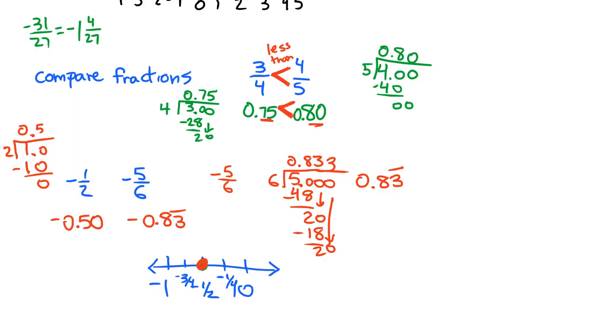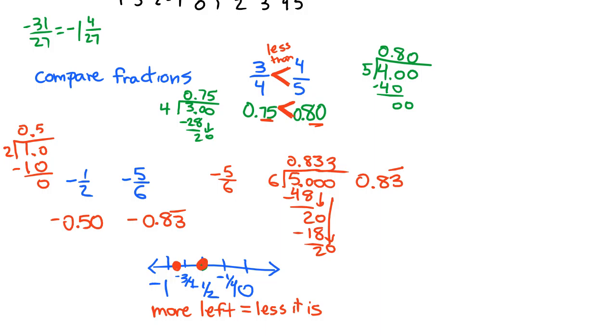And now we look at negative 0.83 or negative 5/6. We see that negative 3/4 is negative 0.75. So we're needing to be out here somewhere. And the more left a number is on the number line, the less it is.